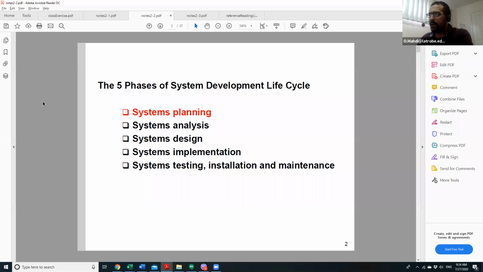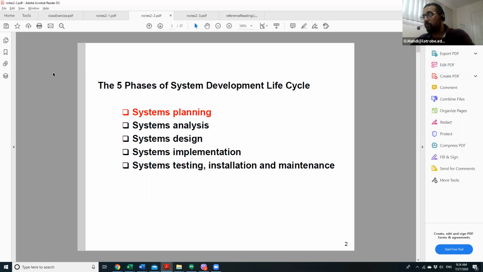All right. So, as we said, there are five phases in the system development life cycle. What we just did was review each phase briefly. From this moment, we're going to talk deeply today about system planning.